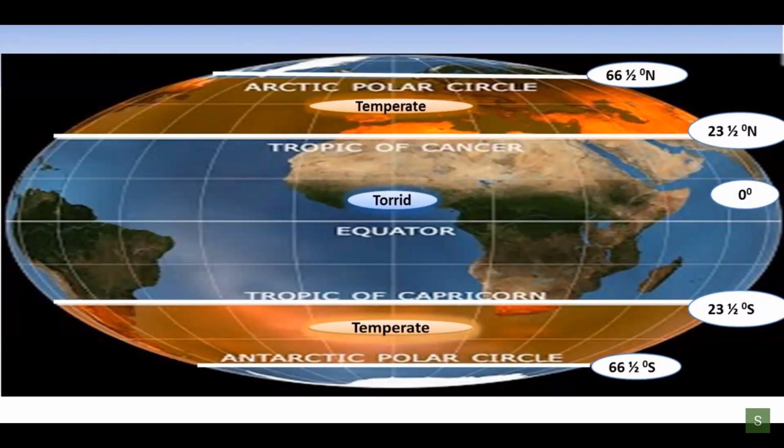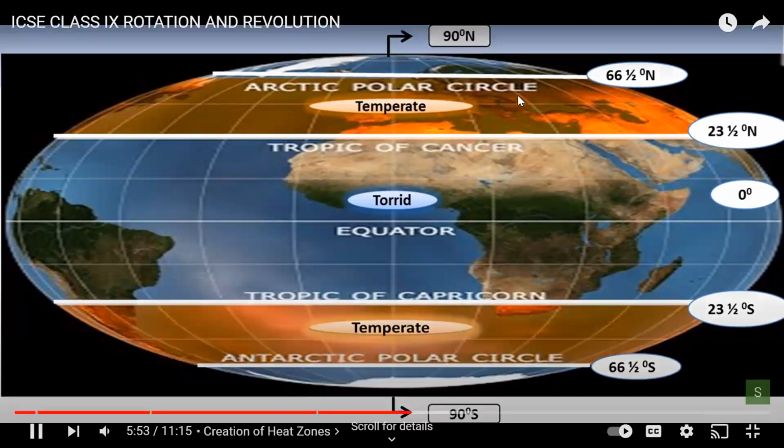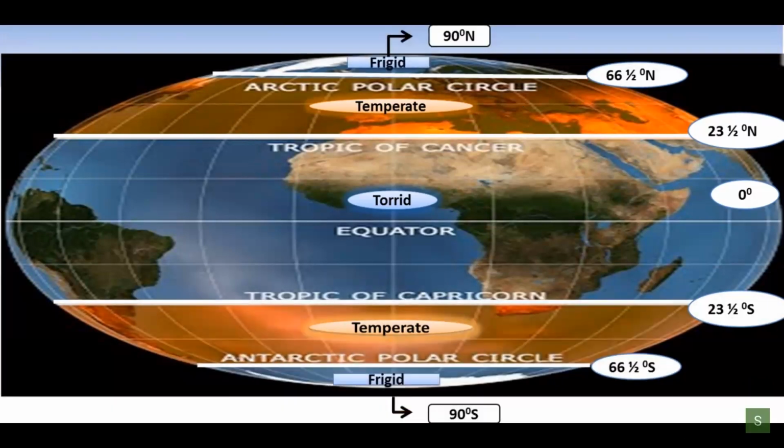Third, frigid zone. This zone extends from 66.5 north to 90 north and 66.5 south to 90 south. Since the sun rays fall extremely obliquely in this region, the region experiences an extremely cold climate.